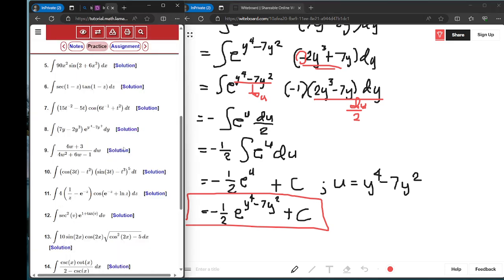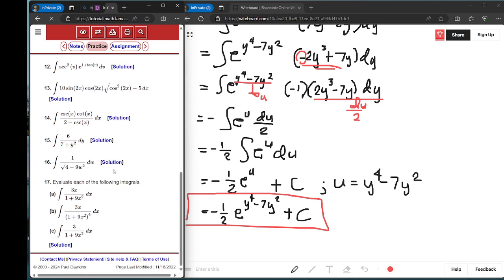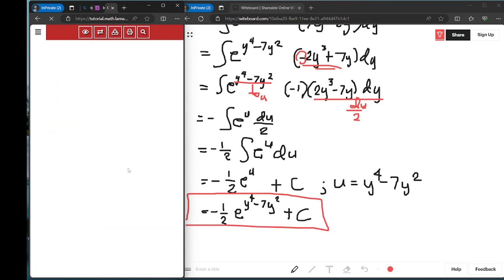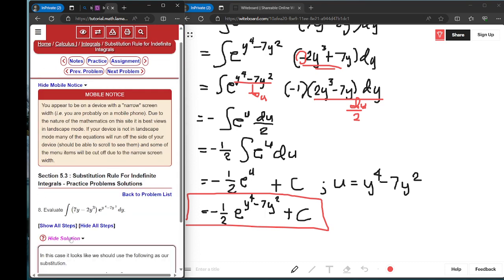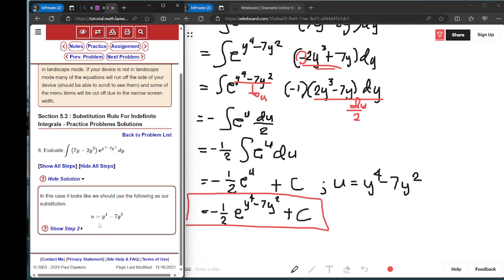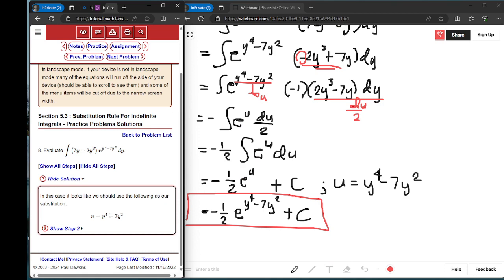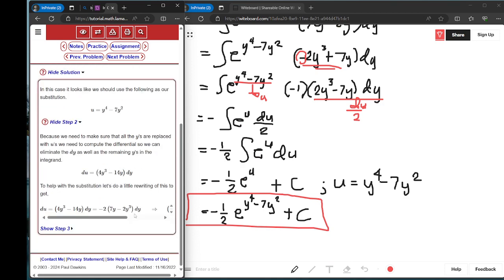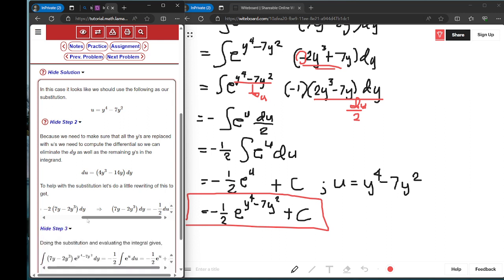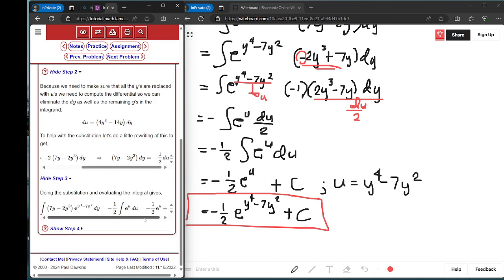Let's check. This is number 8. Okay, so our u is this one, y to the fourth minus 7y squared. Step 2, get the derivative. Then we'll have step 3.